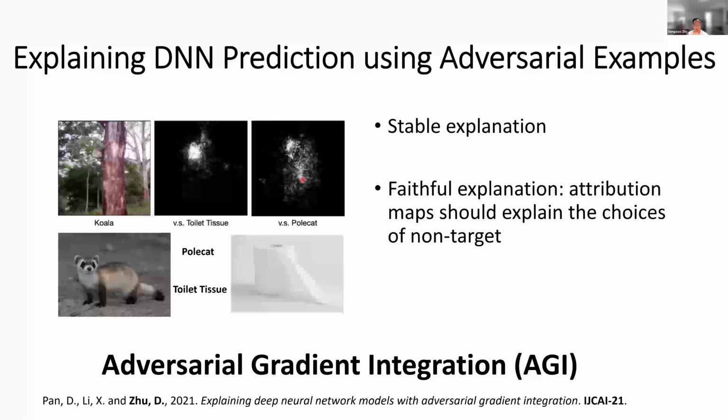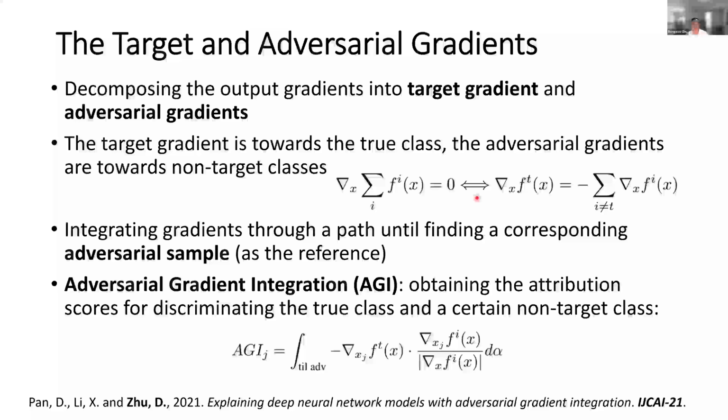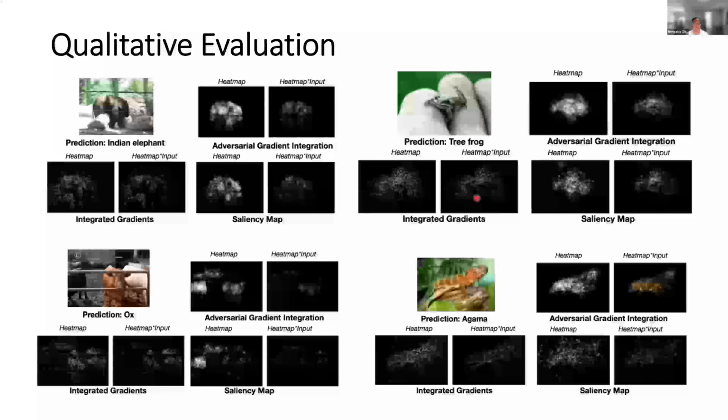So this is the spurious feature we saw. This is our early work on adversarial gradient integration, published a few years ago. We try to achieve a stable explanation of a model's prediction, and we also try to ensure this is feasible. Here's some detail I'll skip.